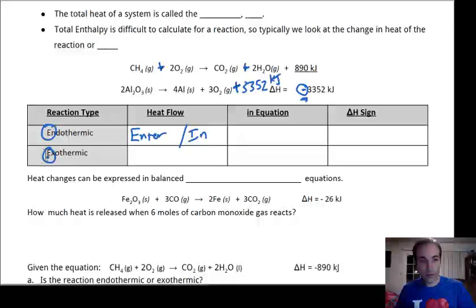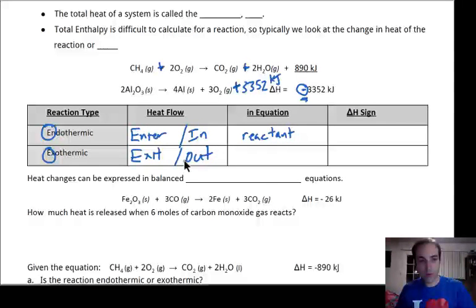And then exo, remember Ex stands for exit, so the heat flow is going out. Okay, in terms of an equation, if heat is going in, that means that it's going to act as a reactant, because reactants go into the reaction, right?